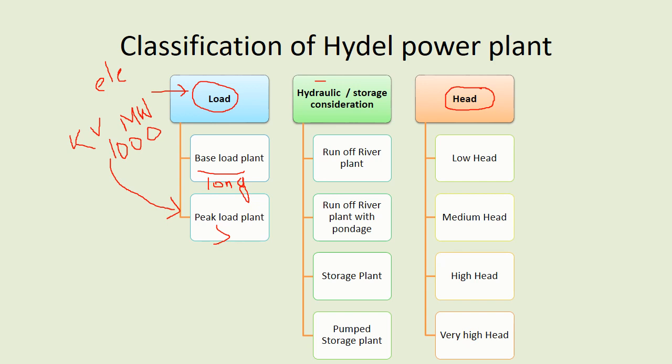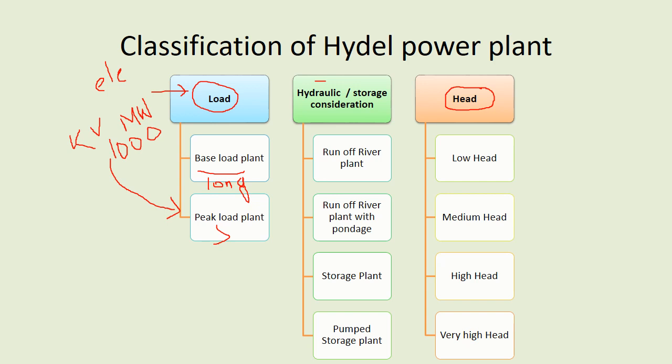If the availability of water is just seasonal, that means in a rainy season, when your dam is filled and your water is flowing, then those plants can be run for peak load demand. Those cannot be used for base load, because you can't get power throughout the year.